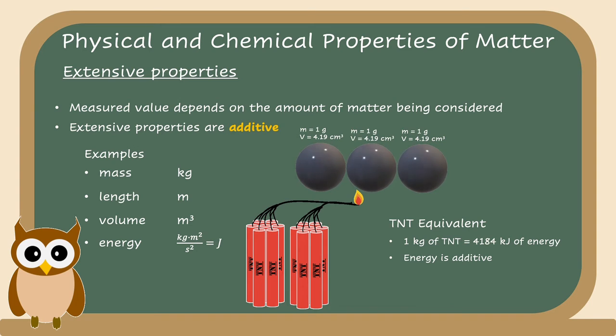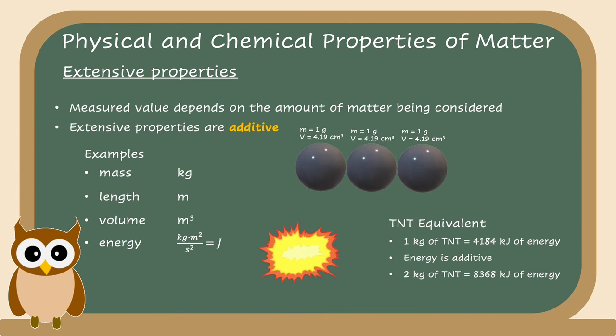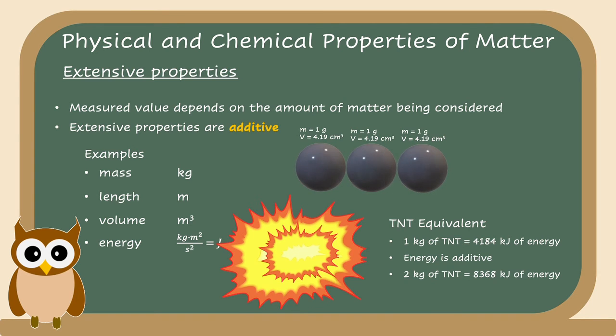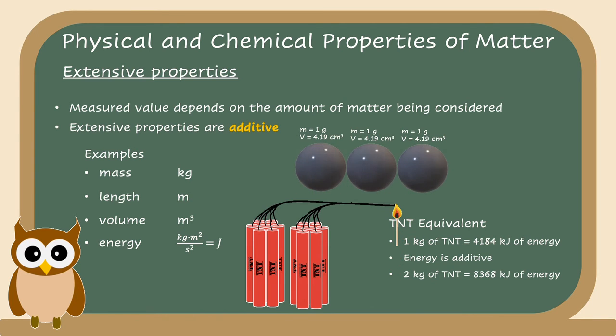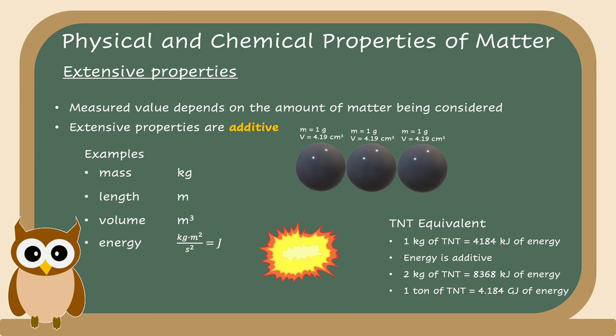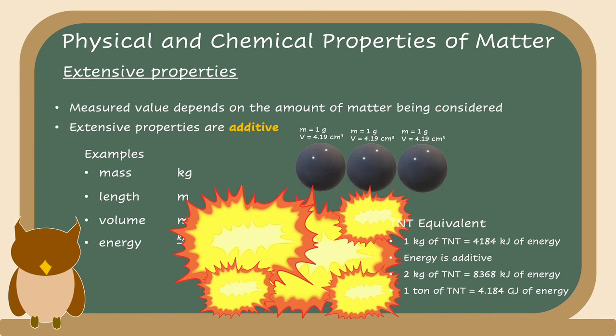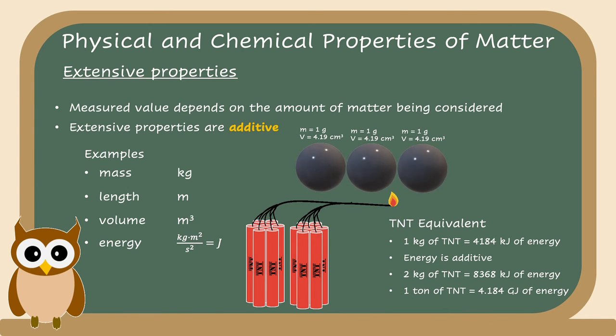Remembering that energy is additive, if we had another kilogram, then the energy doubles to 8,368 kilojoules. Now imagine, if you will, we had 1 ton of TNT, we would have 5.184 gigajoules of energy at our disposal.